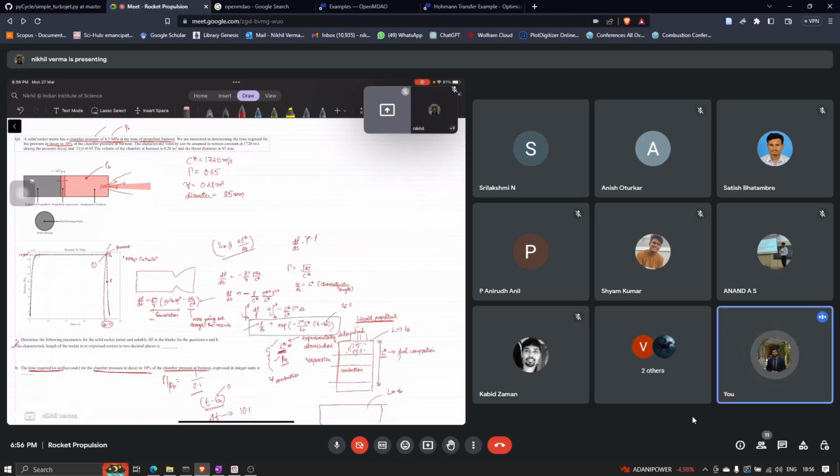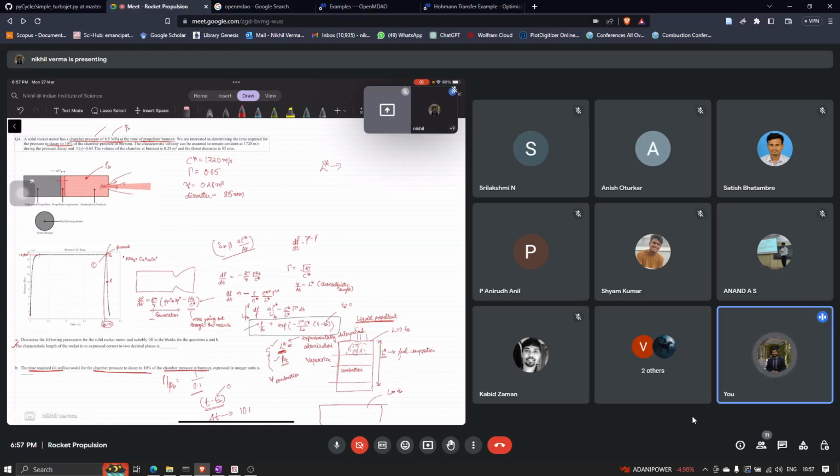Coming to your question, Shri Lakshmi. The L star basically tells us that if you have a larger L star, we have a sufficiently long chamber such that complete combustion can take place, which in turn means the ISP for that rocket will be higher and the thrust will also be higher.